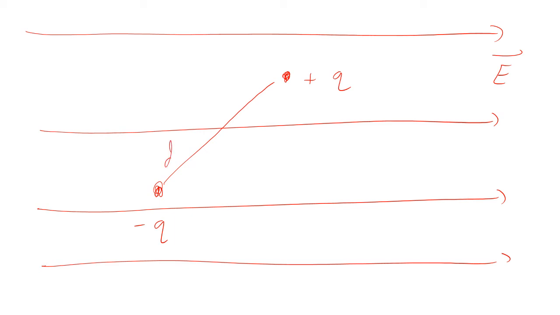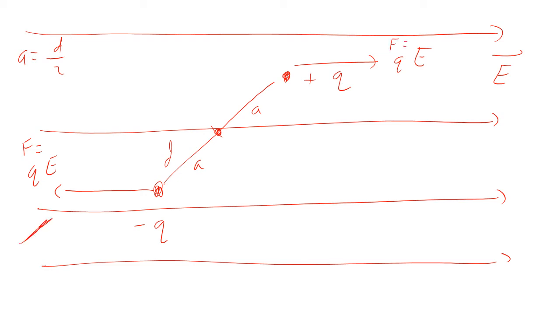I'm going to define a and a, where a is d over 2, to the midpoint. For my upper charge I have a force qE like that, and a force qE down here. For the lower charge, the force is opposite the direction of the electric field because of the minus sign right here.